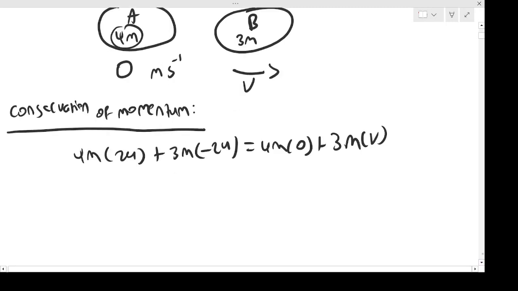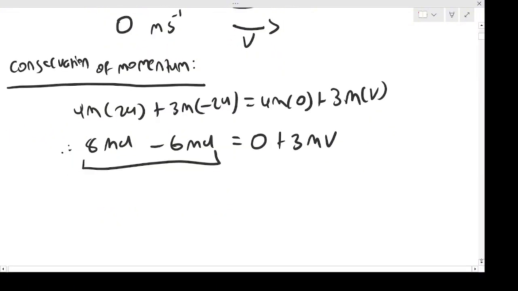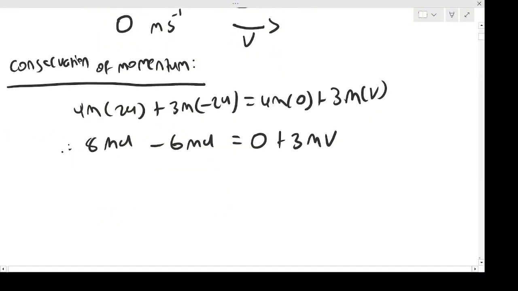Then we can simplify the equation. 4m times 2u is 8mu. 3m times minus 2u is minus 6mu. That's going to equal 4m times 0, which is 0, plus 3mv. I can then tidy this up and collect the mu's. 8 lots of mu take away 6 lots of mu is 2 lots of mu, and that's 3mv.